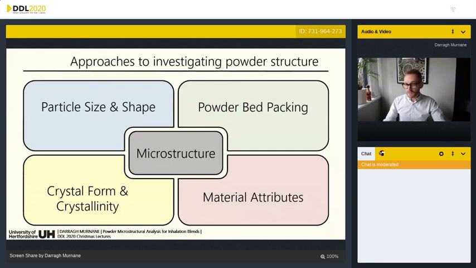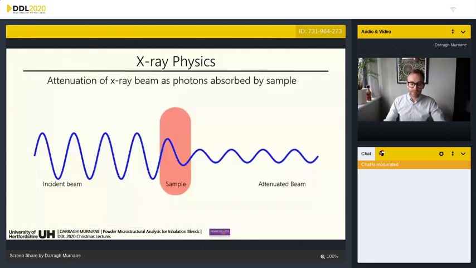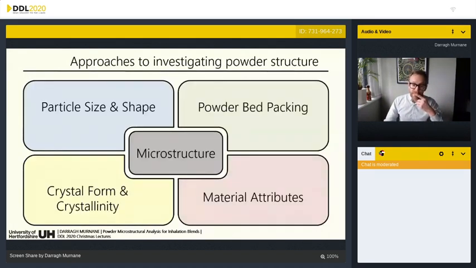How does particle size and shape interact to achieve a packing of the powder bed? How does the crystal form and crystallinity and variety of material attributes affect that microstructure? So really, microstructure is going to be a function of all of these different elements.